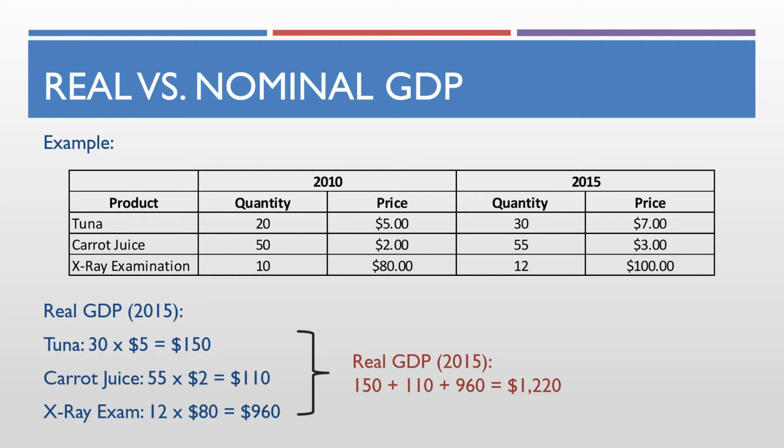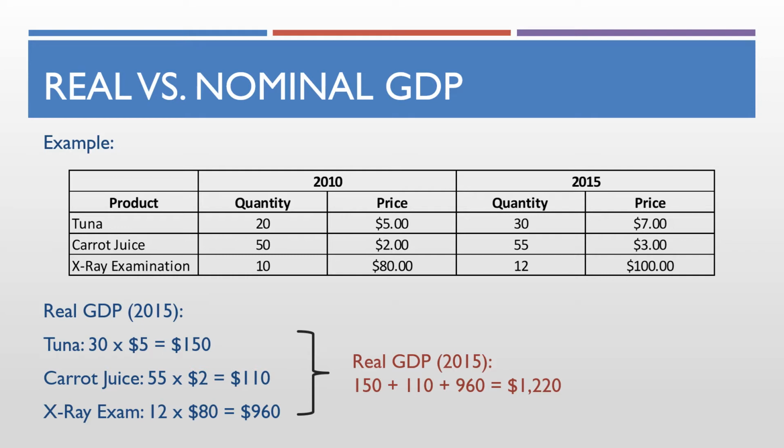Now, why are we using real GDP instead of nominal GDP to compare the two periods? If we use the nominal GDP, because the price can change, we do not know whether the growth in that number comes from the price or from the change in the quantity of each good. As a result, by comparing the real GDP, we get a much more accurate result.